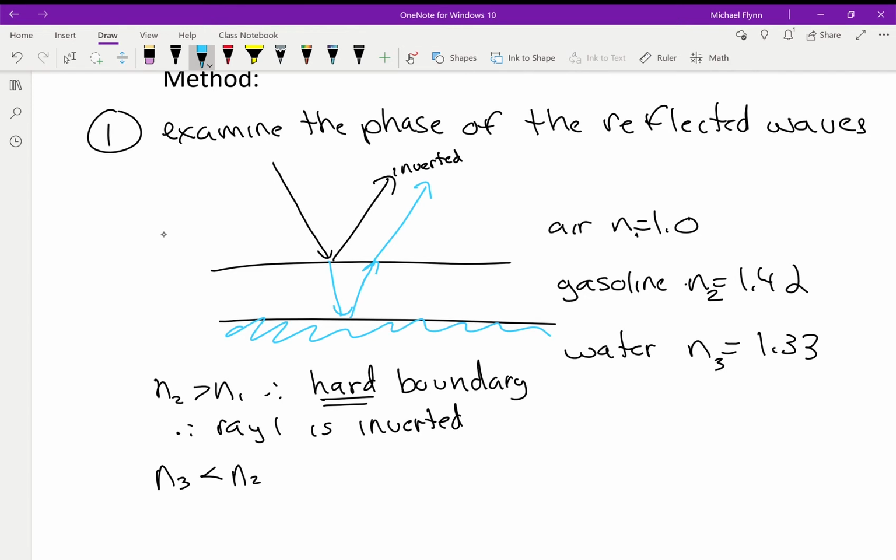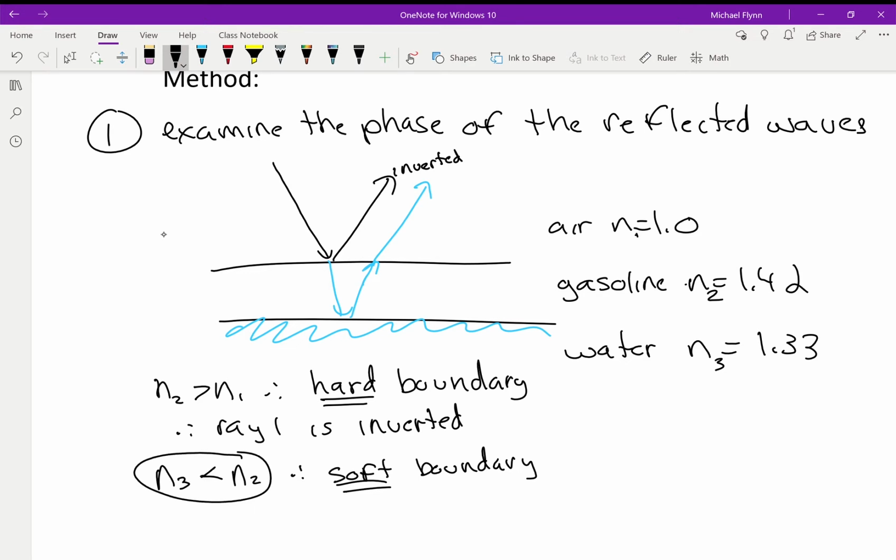The water is less optically dense, so it's got a lower index of refraction. So this is therefore a soft boundary because it's in the gas, which is more dense, and it's bouncing off something less dense. Okay, so it's important that you understand how I'm making this decision. This is a soft boundary. So you just look at these numbers to decide.